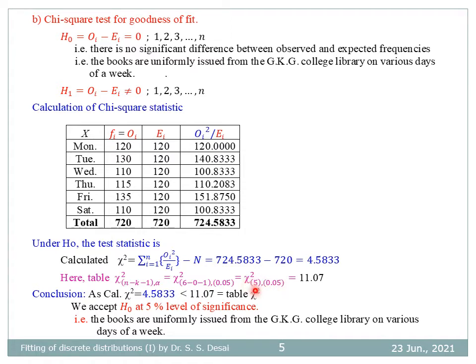The value of chi-square with 5 degrees of freedom at this level of significance is 11.07. So here calculated chi-square is less than table chi-square, and therefore we accept H0 at 5% level of significance. That is, the books are uniformly issued from GKG College Library on various days of a week.